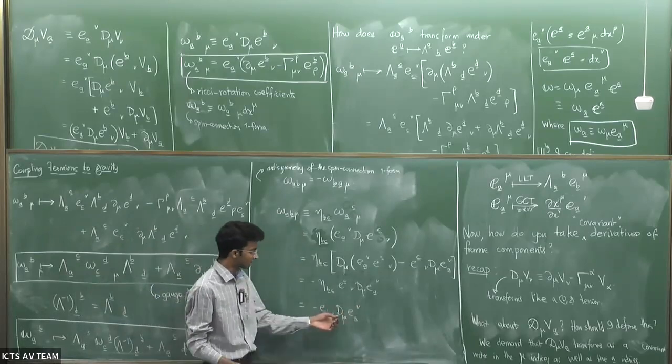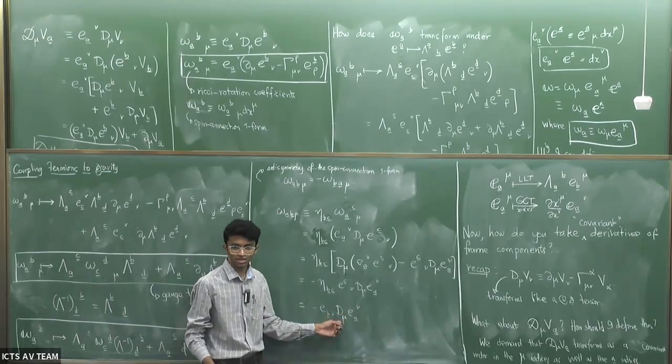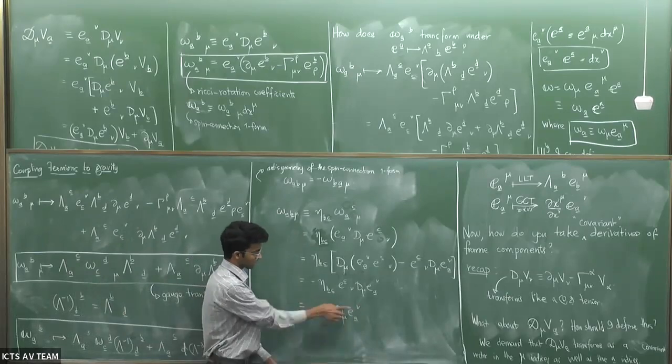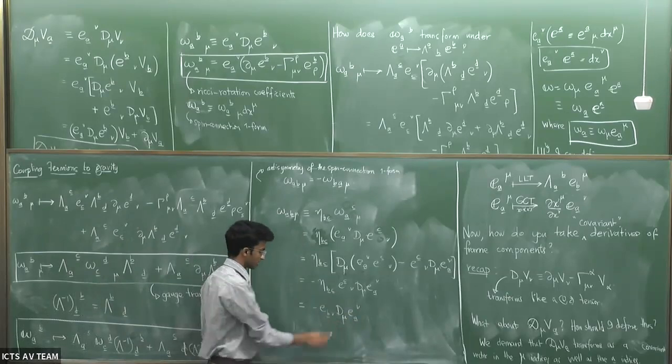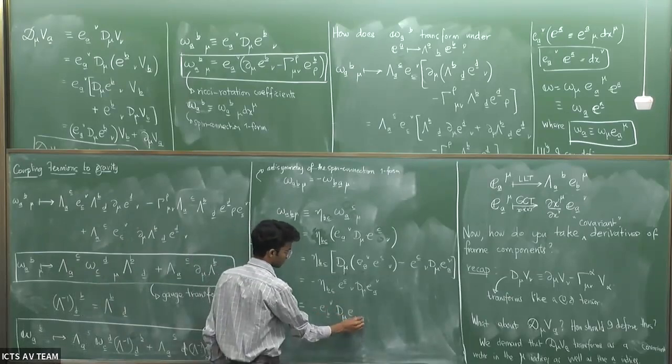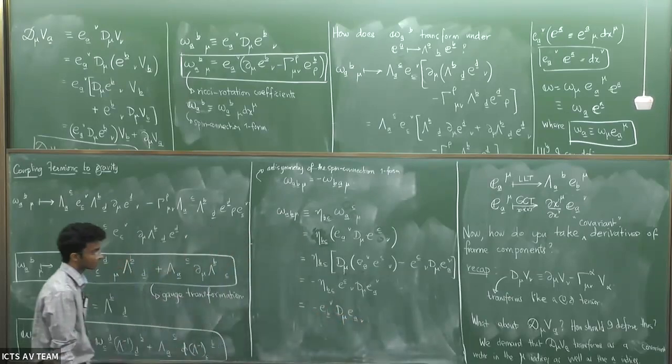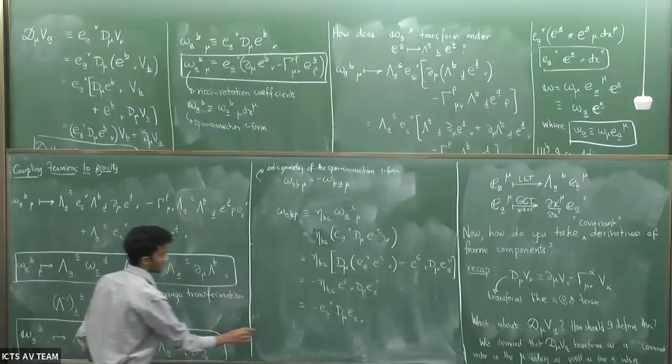Now since the metric commutes with the covariant derivative, I can pull this index up and that index down. And that's just minus omega B A mu.